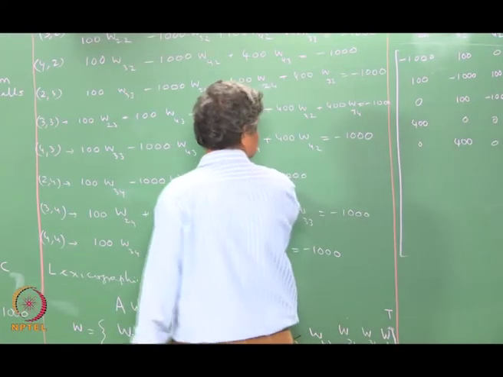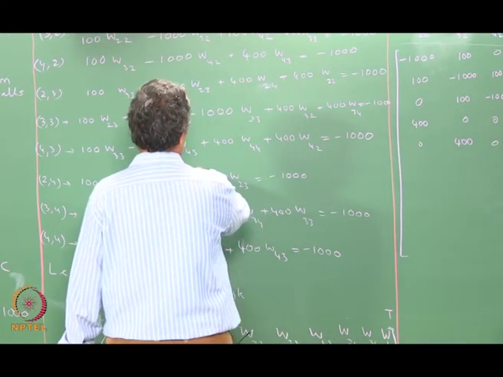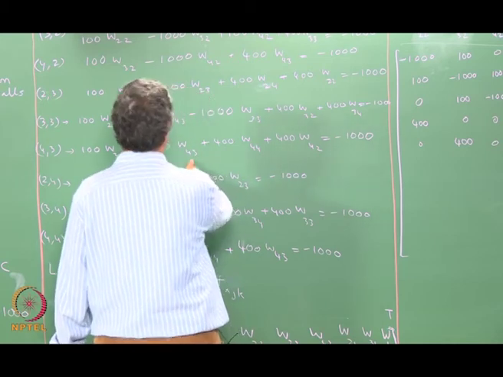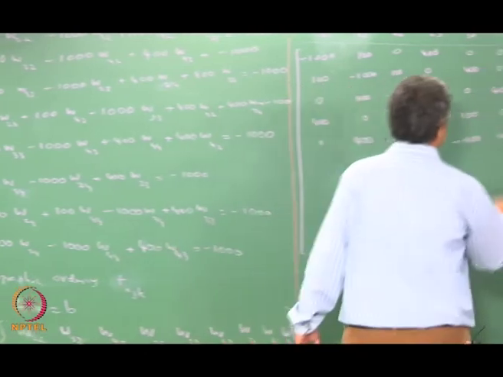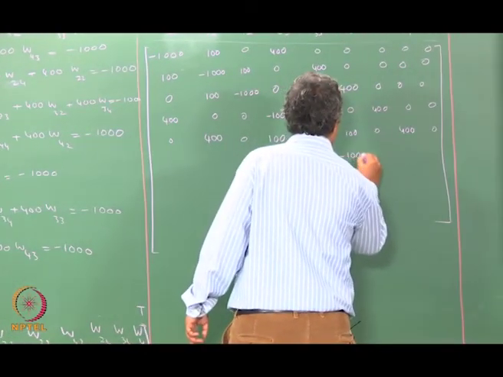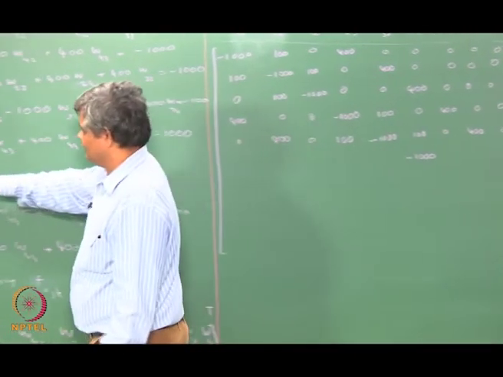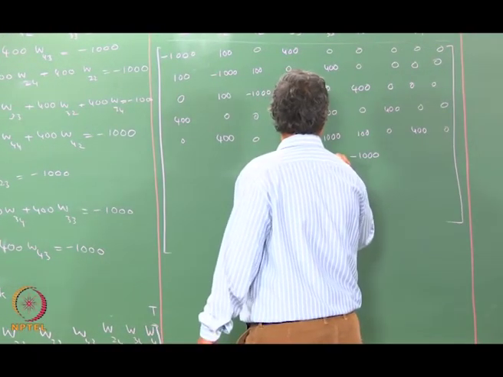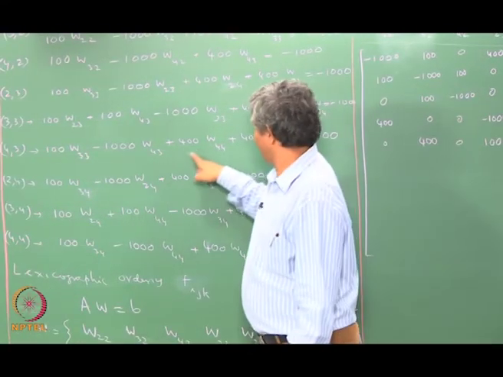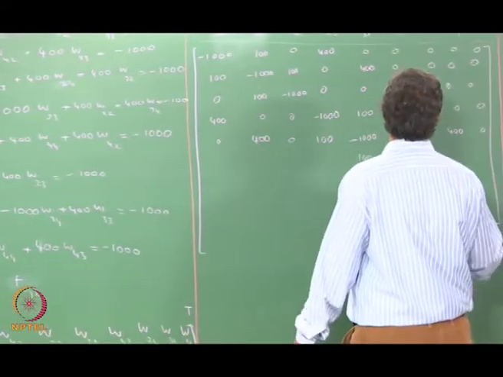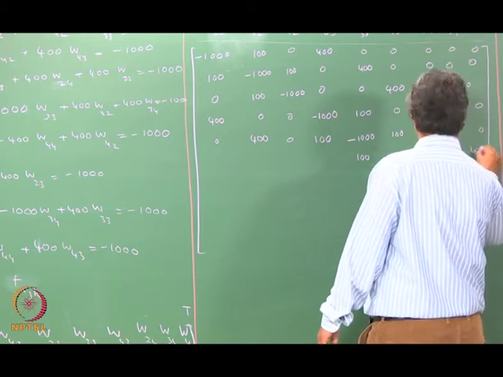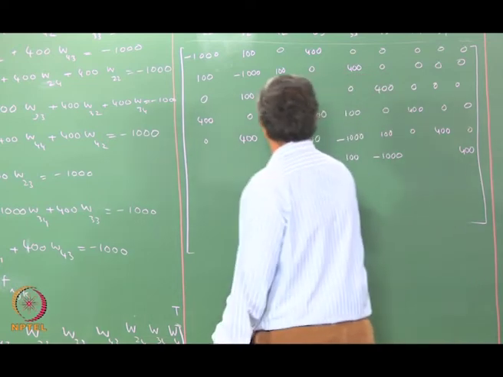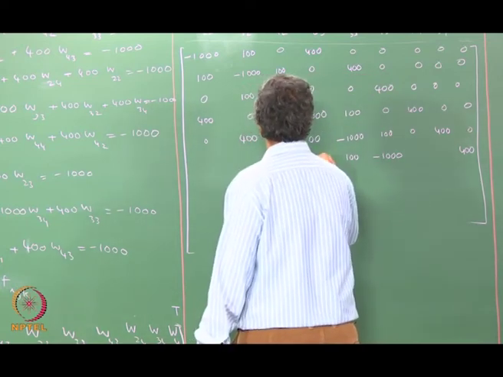Now we come to the 43 equation. So here 43 is minus 1000, 33 is 100, 44 is 400, 42 is 400, others are 0.